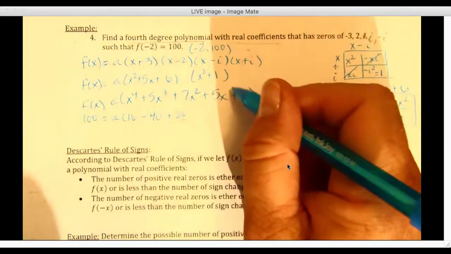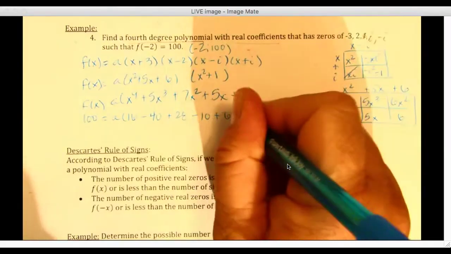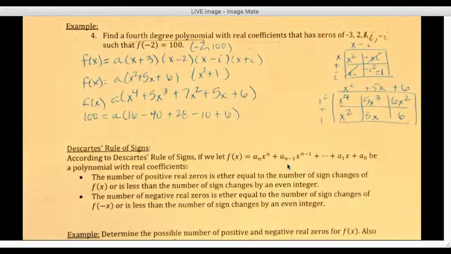And then minus 10 and plus 6. So let's total all of that up. We have 16 minus 40 plus 28 minus 10 plus 6.